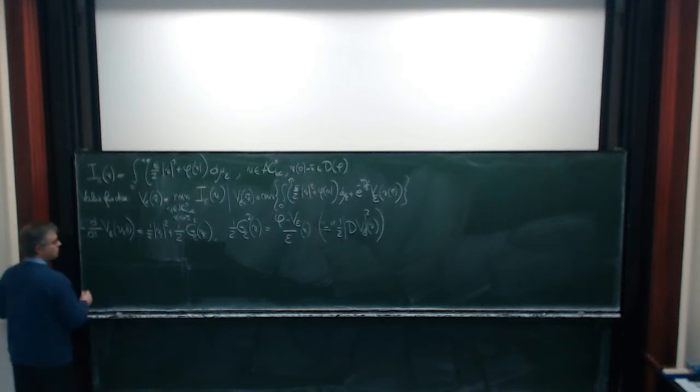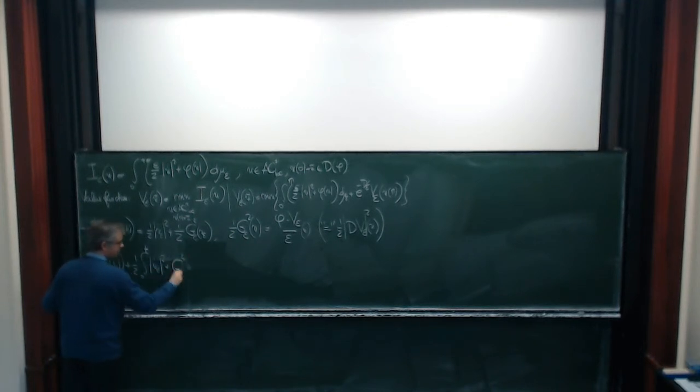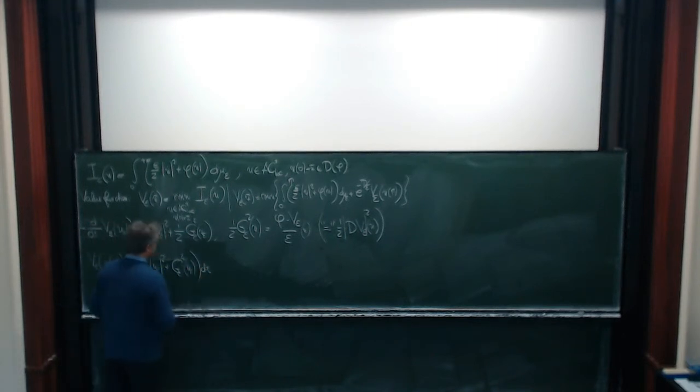And eventually what we want to prove now is that we can pass to the limit in the integrated version of this identity, which I write in this form: v epsilon of u epsilon of t plus 1/2 the integral from 0 to t of u epsilon dot square plus g epsilon square of u epsilon, integrated from 0 to t, is equal to v epsilon of u bar.